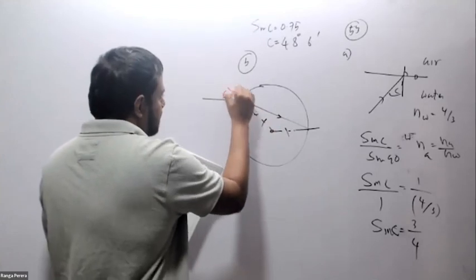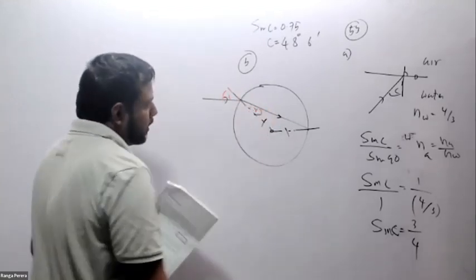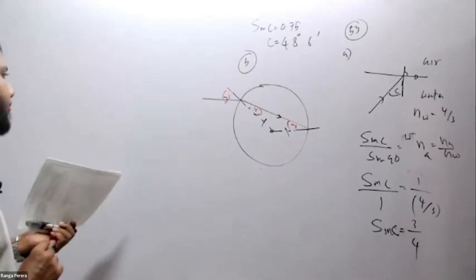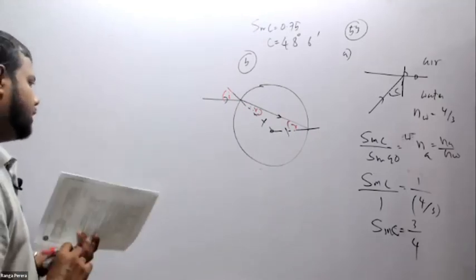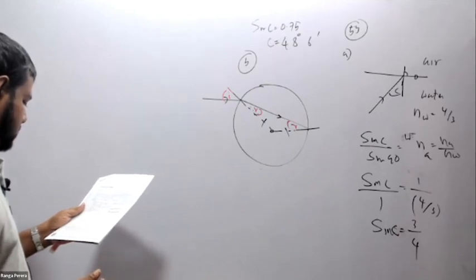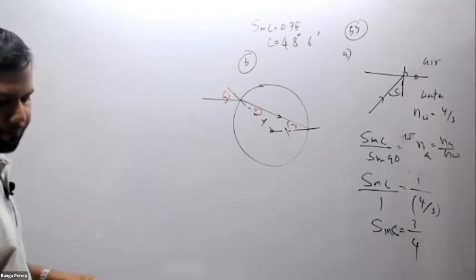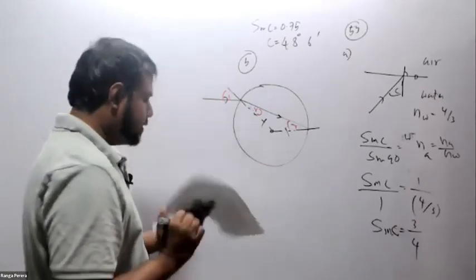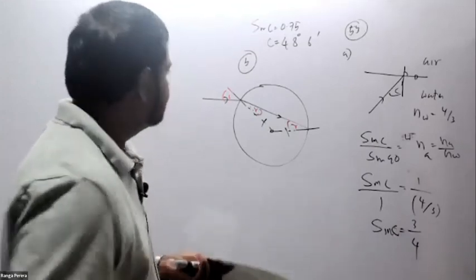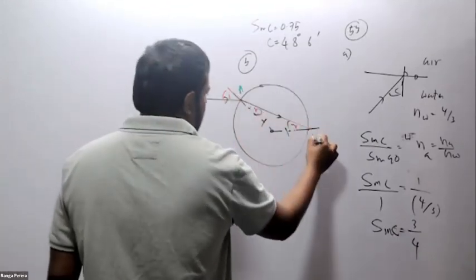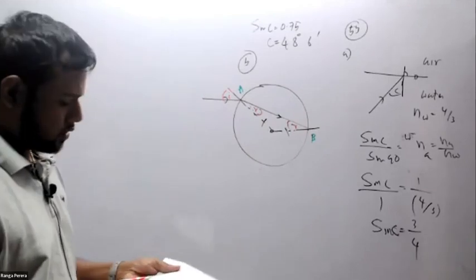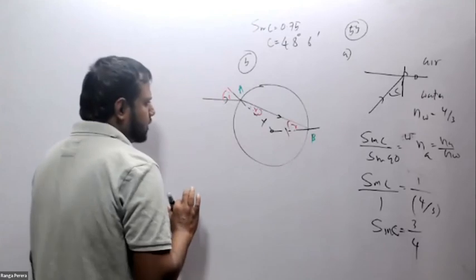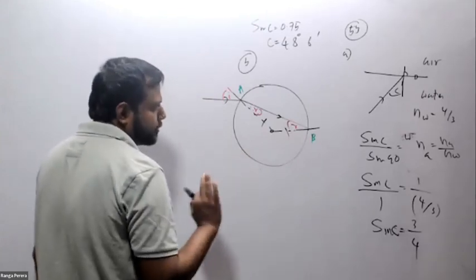This is i and this is r. If that is r, this must be r. To observe total internal reflection, r must be greater than or equal to the critical angle.